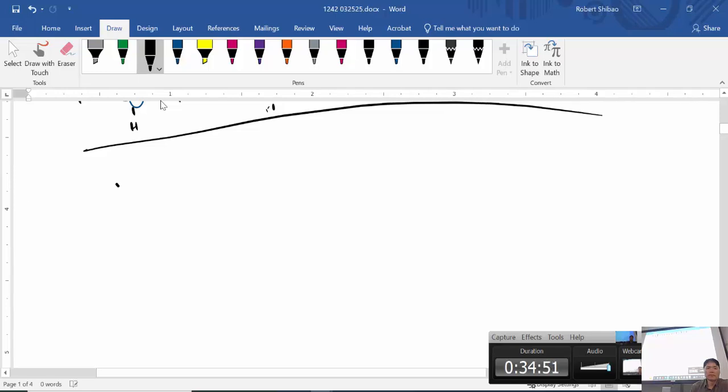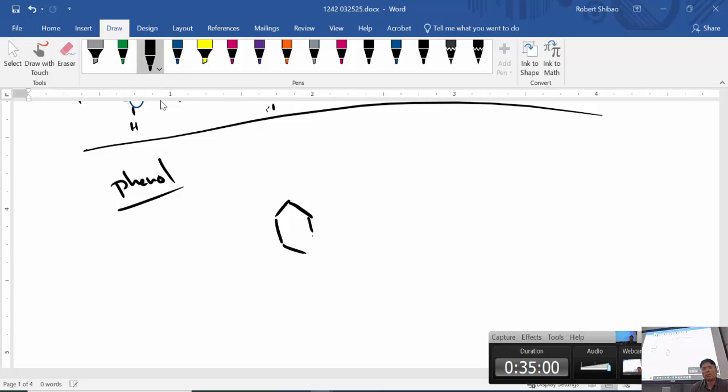Phenol doesn't behave like a normal alcohol. This is unusually acidic. Why is it unusually acidic? Is it because it's more red?